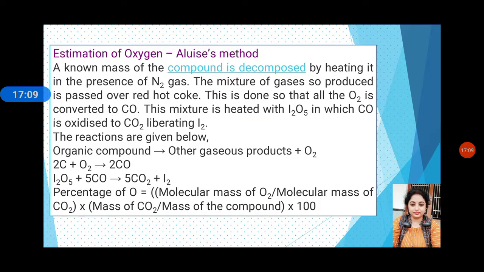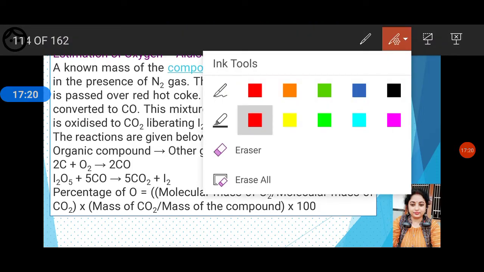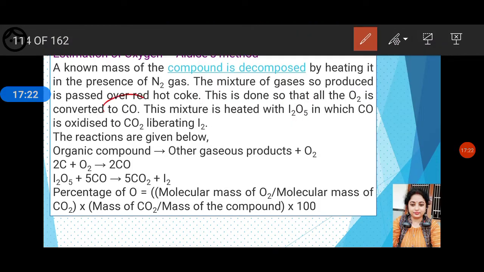Now the mixture of gaseous products including oxygen is passed over red hot coke, when all the oxygen is converted into carbon monoxide. Then this mixture is passed through warm iodine pentaoxide.